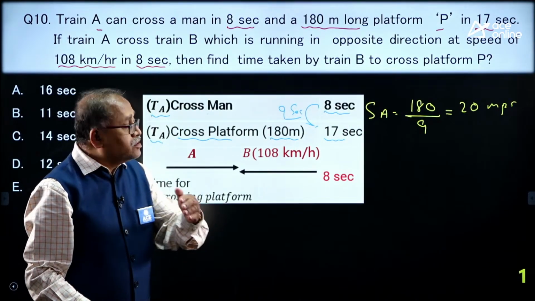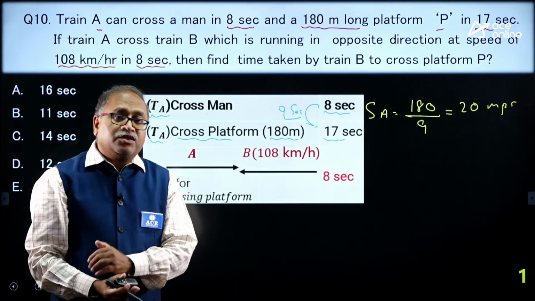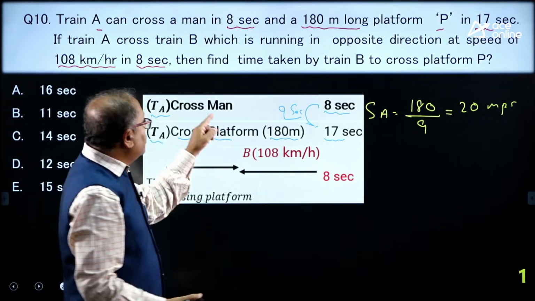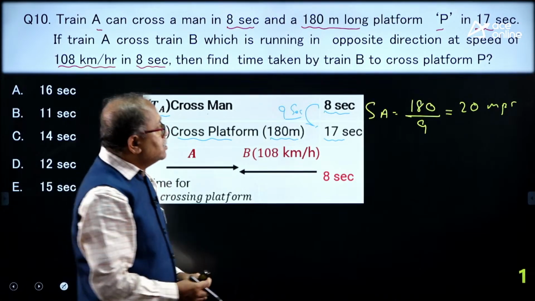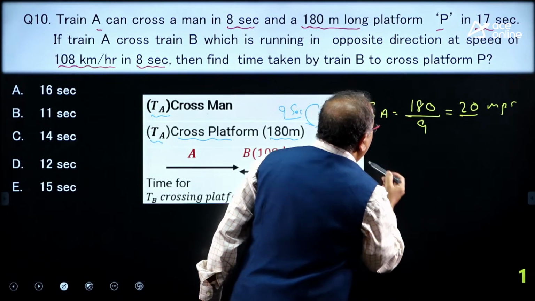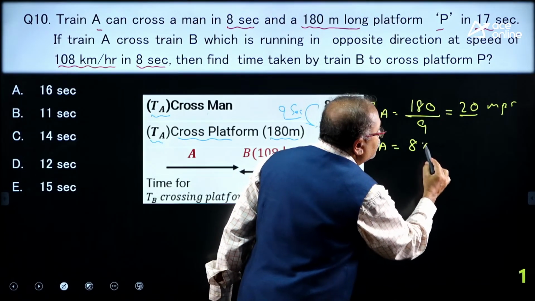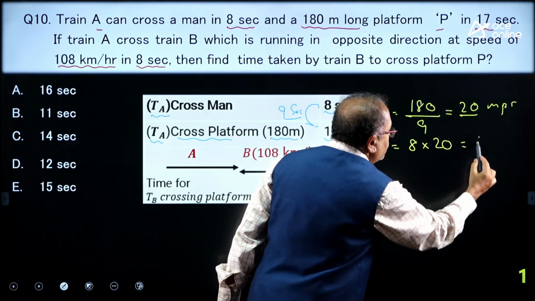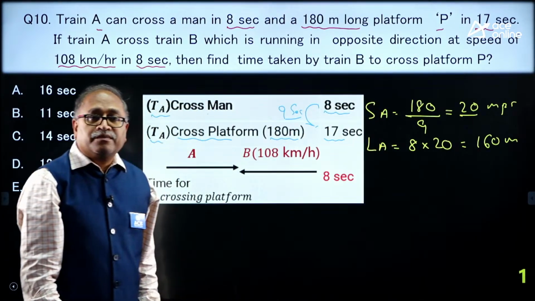Like that I got the speed of train A. Can I get the length of train A? To cross its own length, it takes 8 seconds. So, if this is 20 meter per second, then what is the length of train A? 8 seconds into its speed 20, that comes 160 meter is the length of train A.